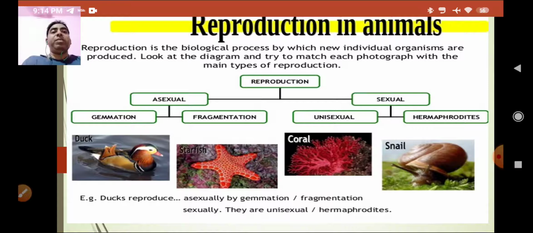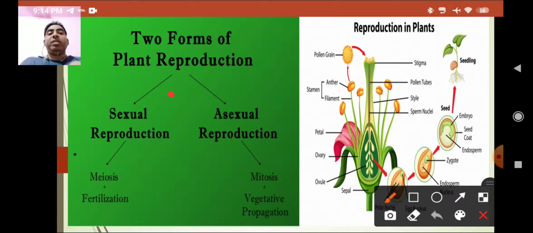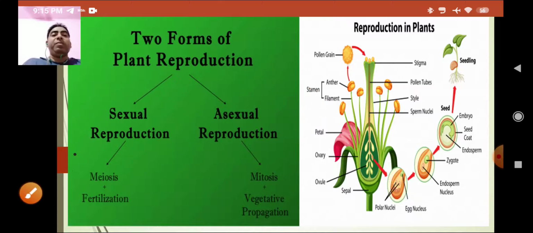In this chapter we will discuss reproduction in plants in a small way, not too much. The forms of plant reproduction: first sexual reproduction, next asexual reproduction. In sexual reproduction, flowers are important.